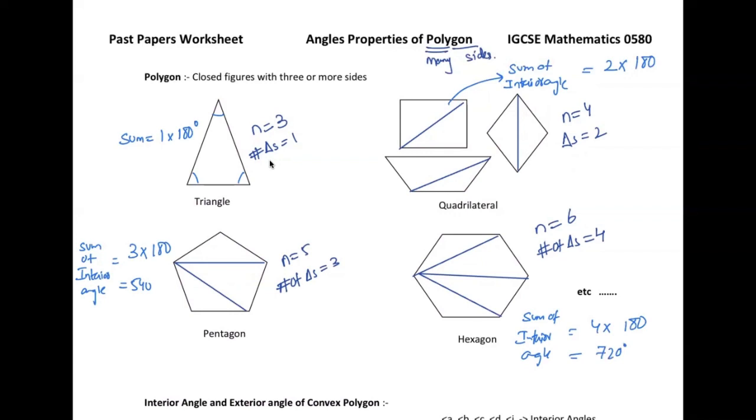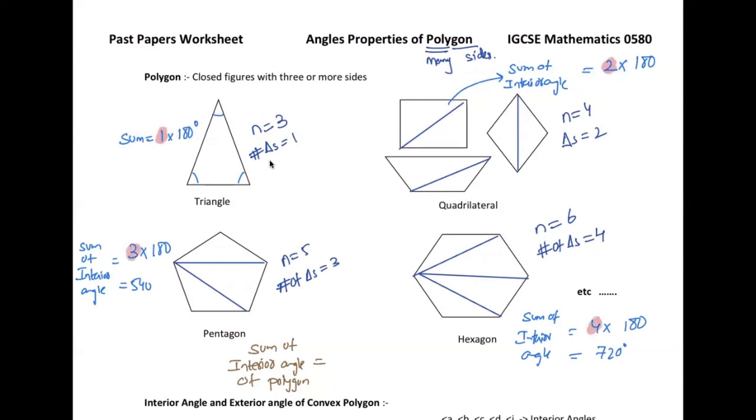So can I deduce from here that the sum of interior angles of any polygon is simply equal to the number of triangles multiplied by 180 degrees?